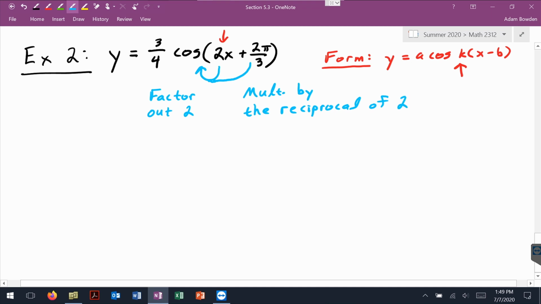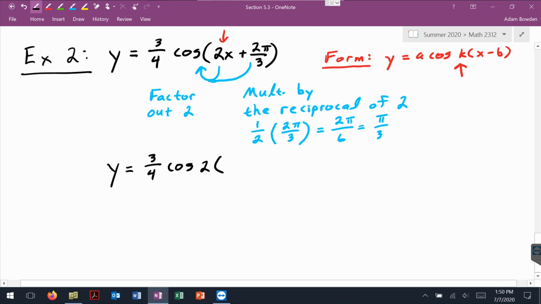Whatever I'm factoring out, the rest gets multiplied by the reciprocal of 2, which is 1/2. So I take 1/2 times 2 pi over 3, which turns it into 2 pi over 6, which turns it into pi over 3. So when I'm done here, I'll have y equals 3 over 4 cosine of 2, and then in parentheses, x plus pi over 3.